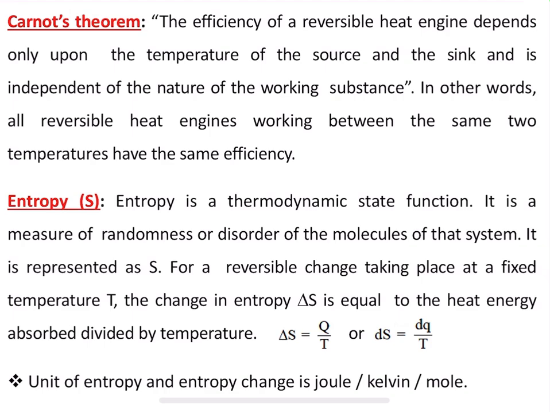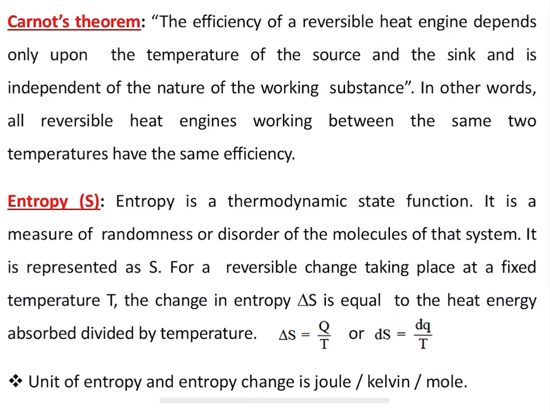Out of the four steps, two are isothermal and two are adiabatic processes. The ideal gas, which is taken in a cylinder kept in the system, is going to expand.